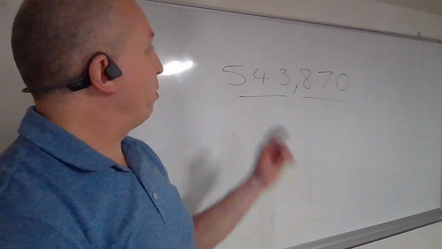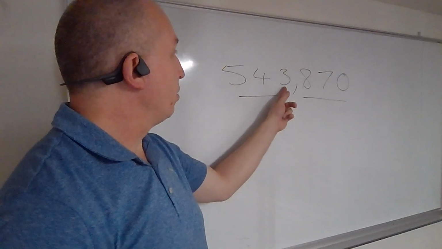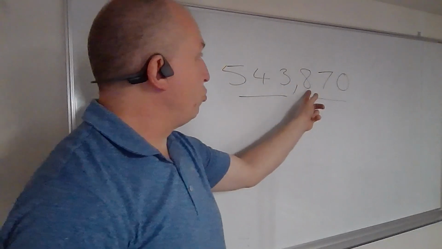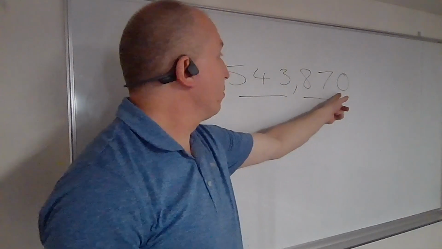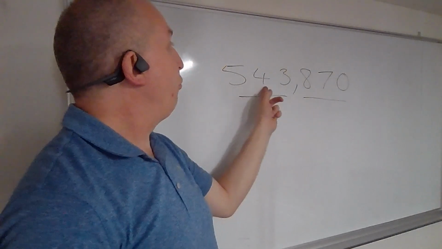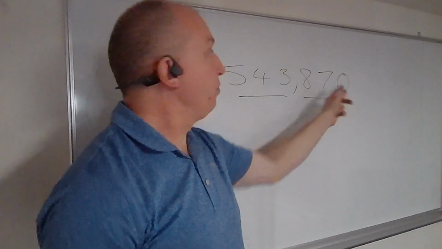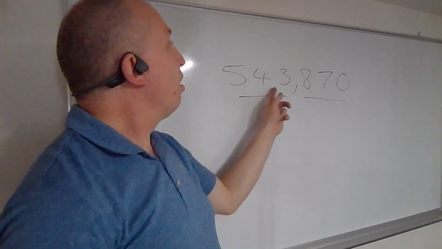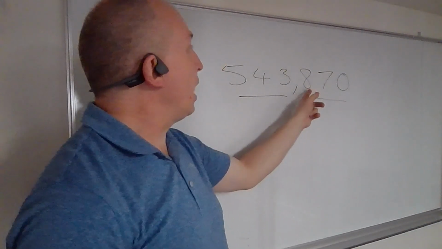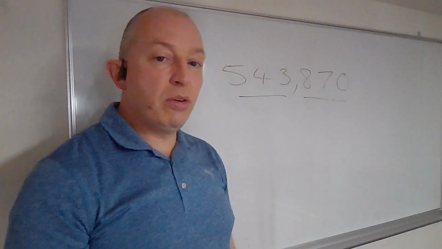Let's look at the first part. 543. 870. The comma means thousand. 543,870.